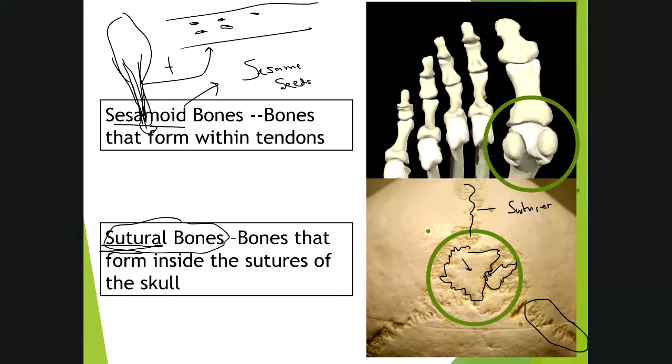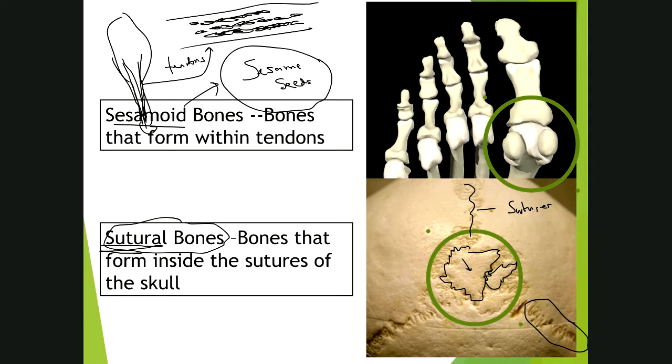And because turkeys are so heavy and their entire body weight is on these two legs, these tendons develop these bones in them. And there are so many of them, end to end to end, that this tendon almost feels like it's solid bone, even though it's not. And so it has these sesamoid bones in it.